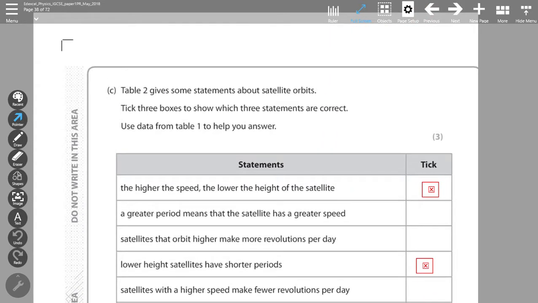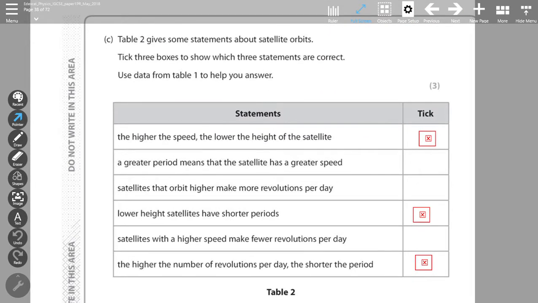Next question. Table 2 gives some statements about satellite orbits. Tick 3 boxes to show which 3 statements are correct. Use table from table 1 to help you answer. I will not use table 1. I know that the closer the satellites are, the faster they move. This is why I choose this. So the higher the speed, the lower the height. Lower height, shorter periods.